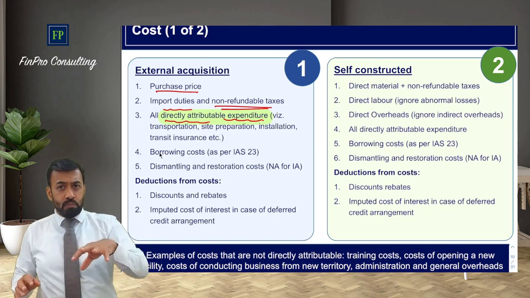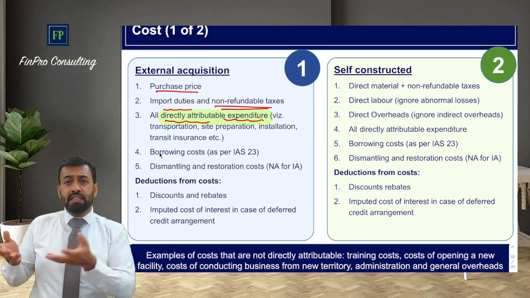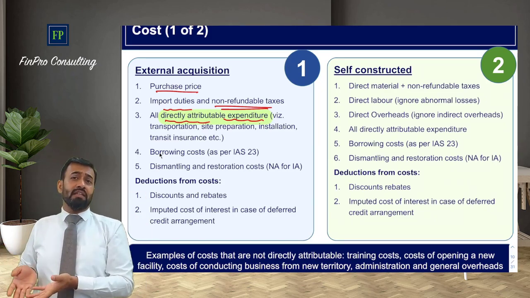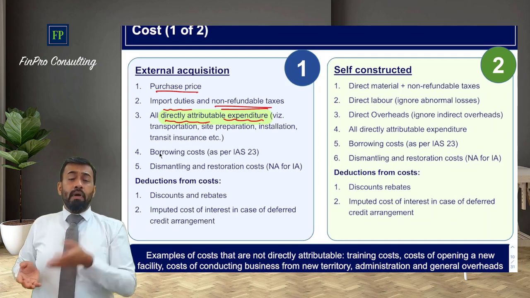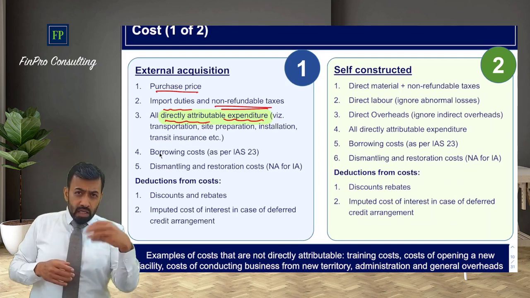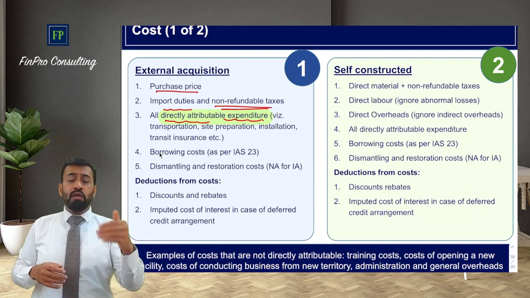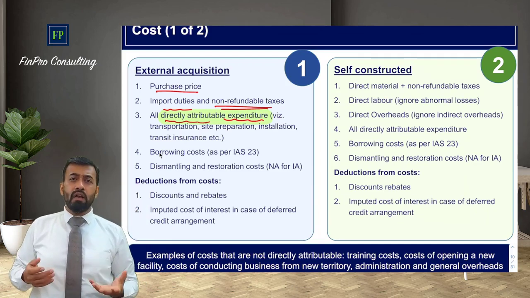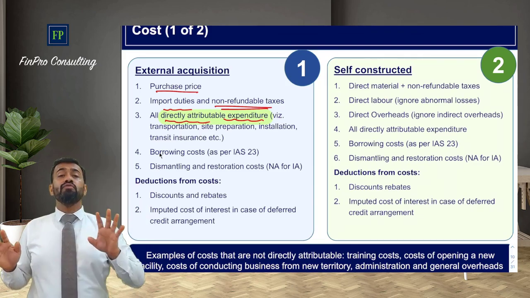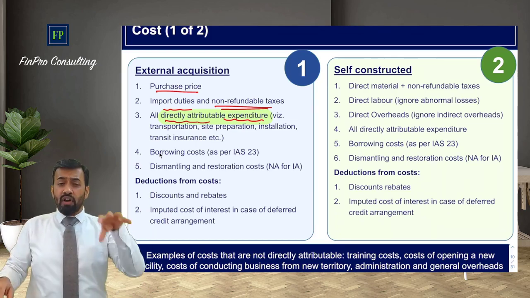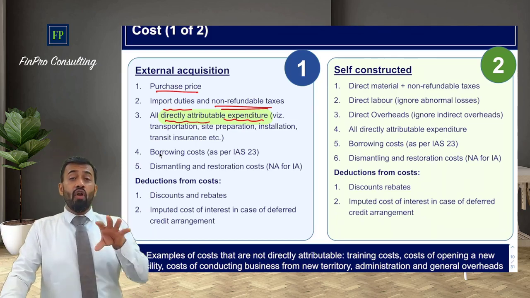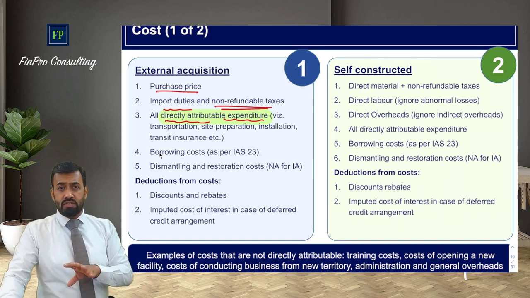If you do not transport, you do not incur that expenditure, the asset will not be at the location or at the site. But if you are incurring the foreign exchange fluctuation, it may be gained, it may be lost, it doesn't make any difference. The asset will be functional. So that will not have a bearing. So foreign currency fluctuations will not be adjusted as a part of the cost.